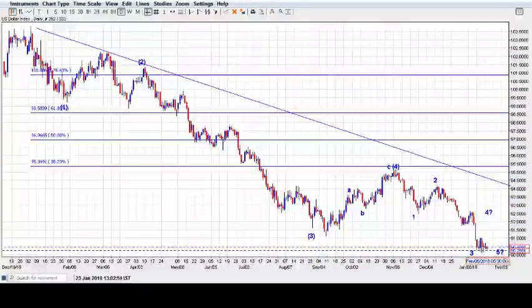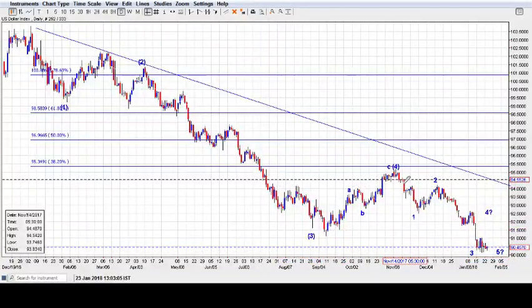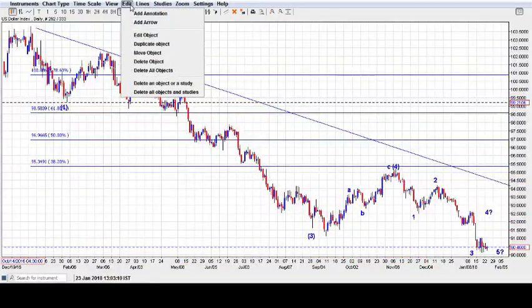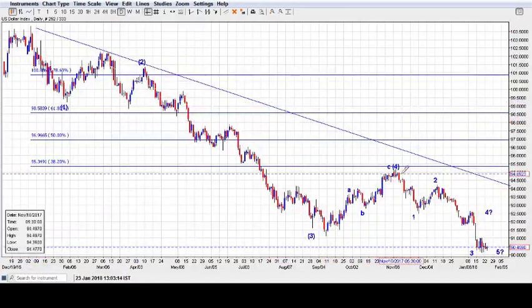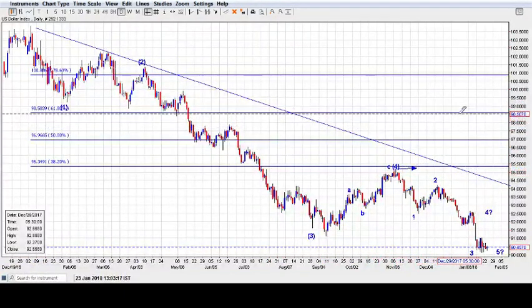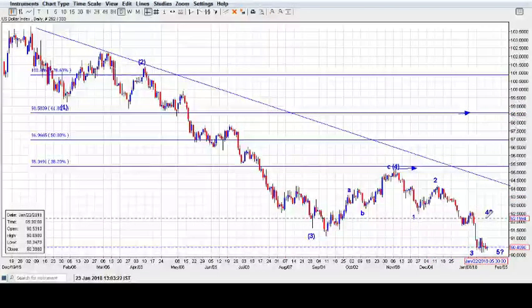Similarly, the dollar index, after completing the fourth and fifth waves respectively of a smaller degree, or the larger fifth wave at a higher degree, we are expecting these levels to be taken out, 95 and the 98.50 handle.